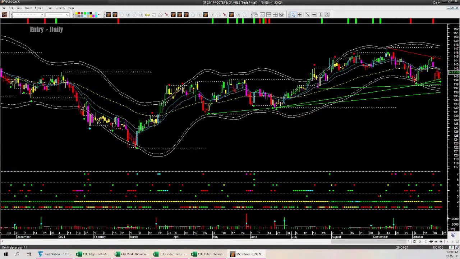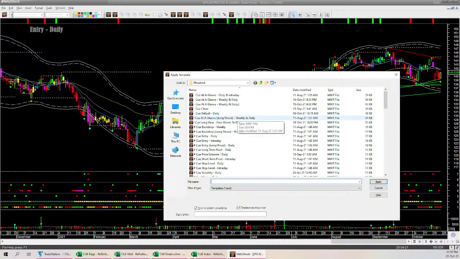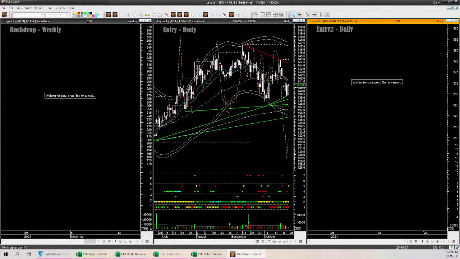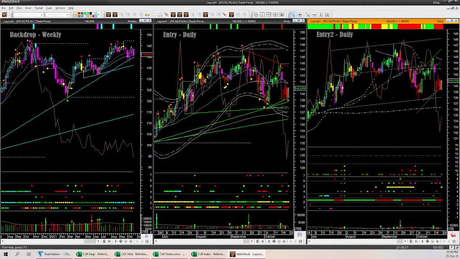So we are left with Procter and Gamble, defensive stock. Let's look at it using 3 chart template. This is looking better. Weekly trend line support, daily sideways range, lower edge with bull release signal.